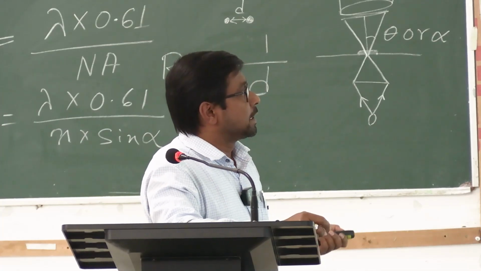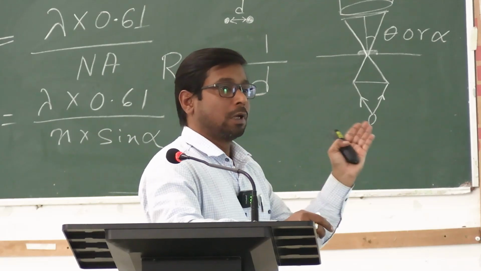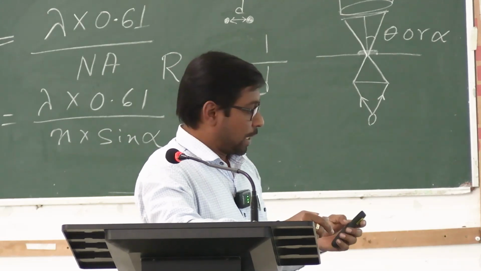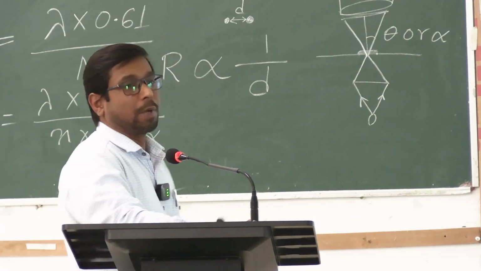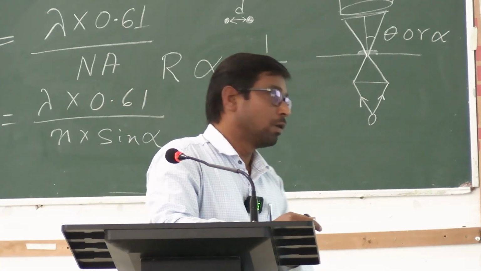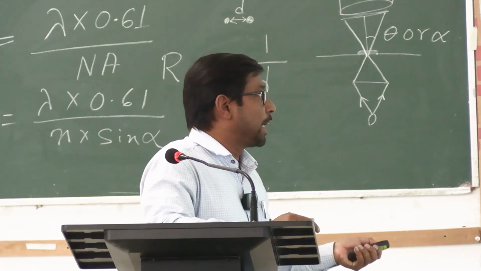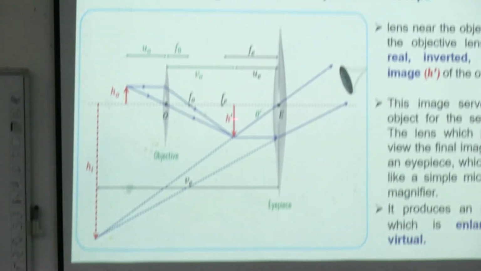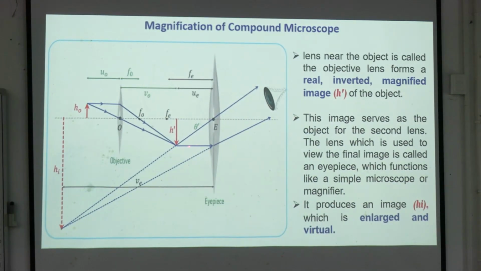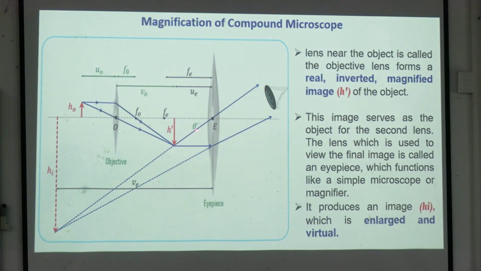It will form behind the object. This principle we use in the microscope. Here H0 forms H dash, an inverted but real image, and this image is magnified again here, and this is a virtual image, and this image Hi is the image of H dash.